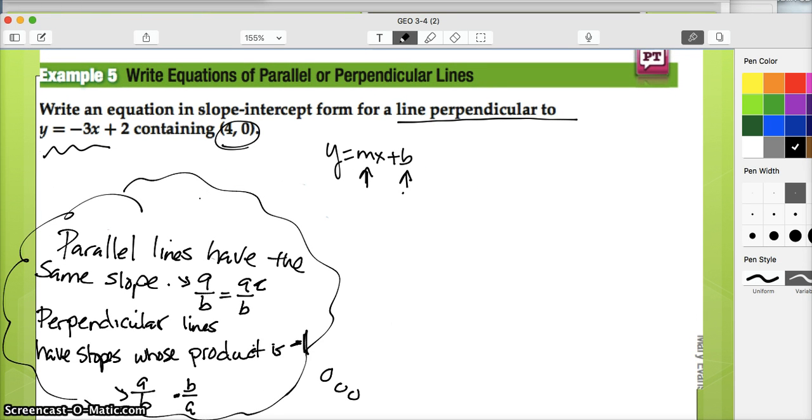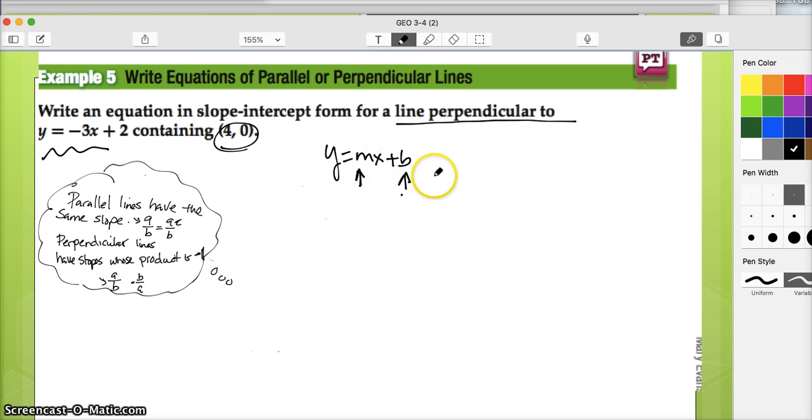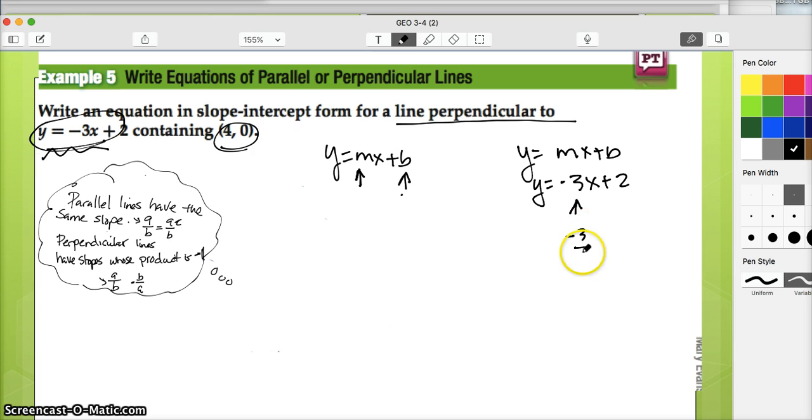Let me shrink this away. Good, and let's make sure we can find the slope and the y-intercept. We know that the slope of the line we're looking for is perpendicular to this one. The form is y equals mx plus b, and this equation is y equals -3x plus 2. So the slope is -3 over 1. This is not the slope of the line we're looking for.